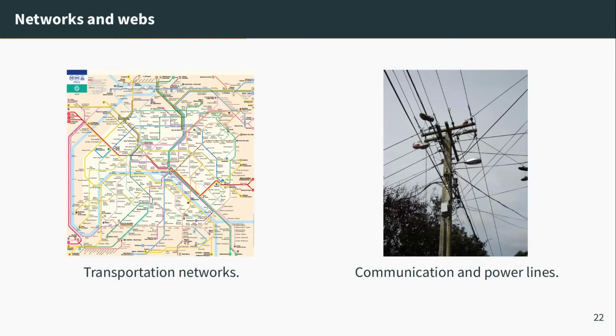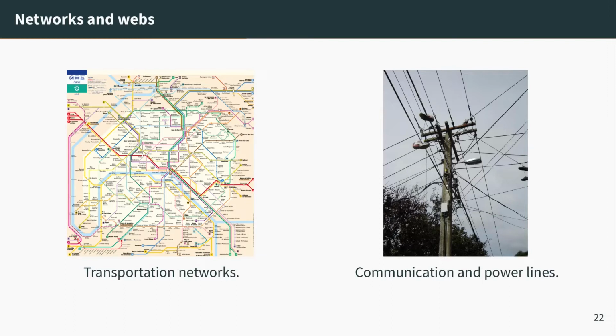First is that physical graphs do exist in real life. You think about transportation networks, like the RER or metro network, and historically, most importantly, communication and power lines. All the study in computer science about information geometry, information theory, and graphs was motivated by the needs of Bell Labs or, in France, Orange, France Telecom.